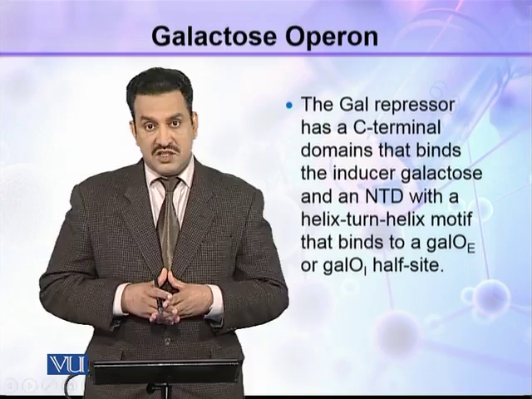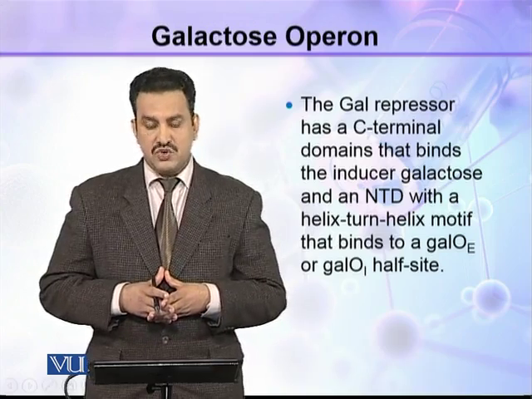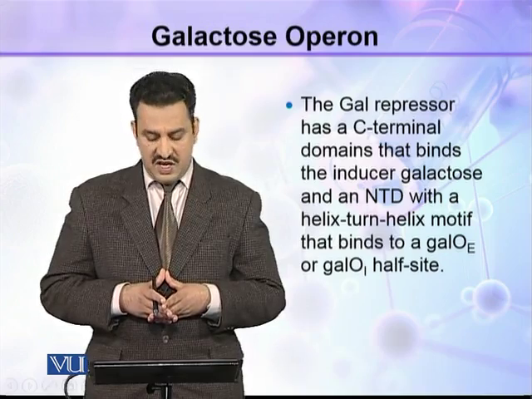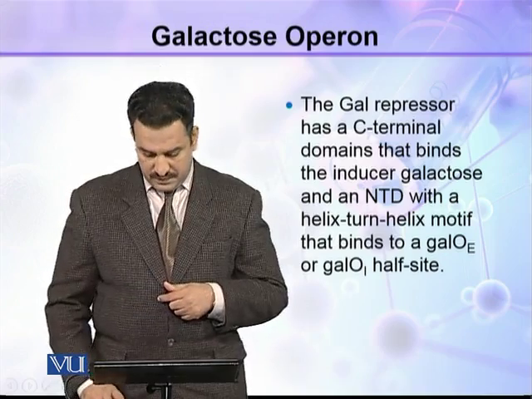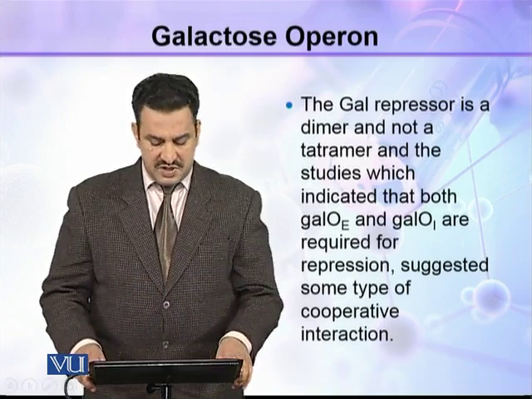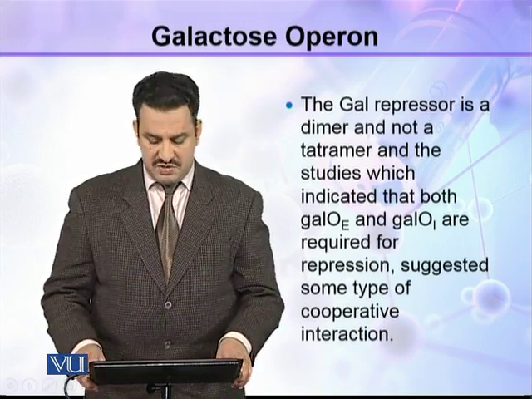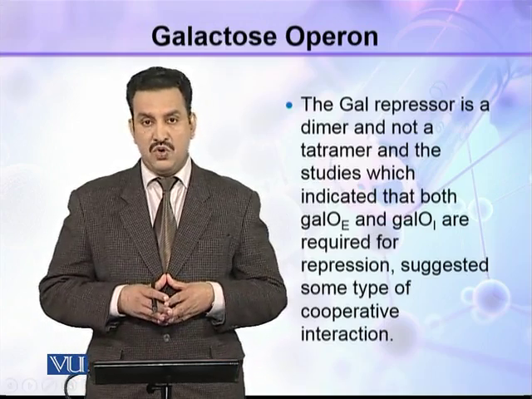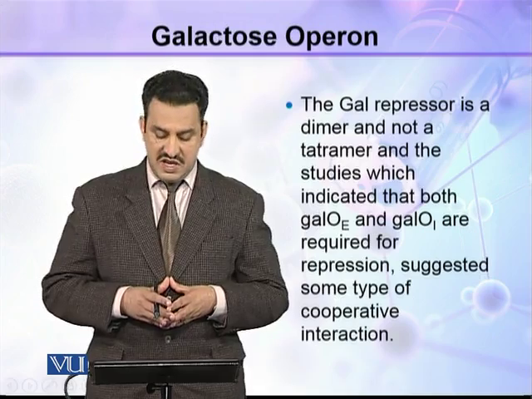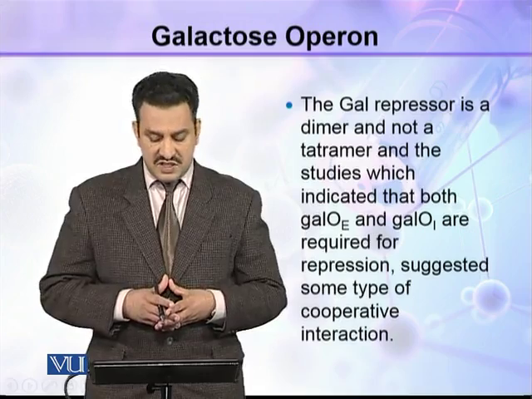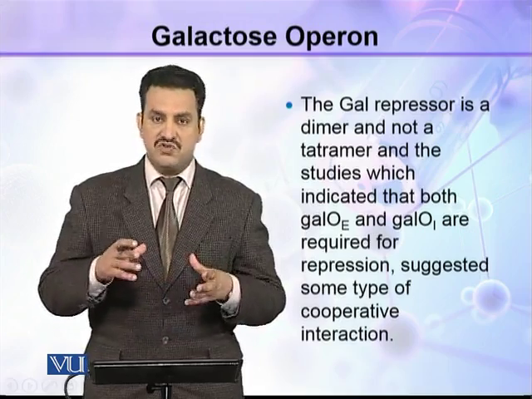So it has this motif that binds to a GAL OE or GAL OI half site. The GAL repressor is a dimer and not a tetramer, and the studies which indicated that both GAL OE and GAL OI are required for repression suggested some type of cooperative interaction.